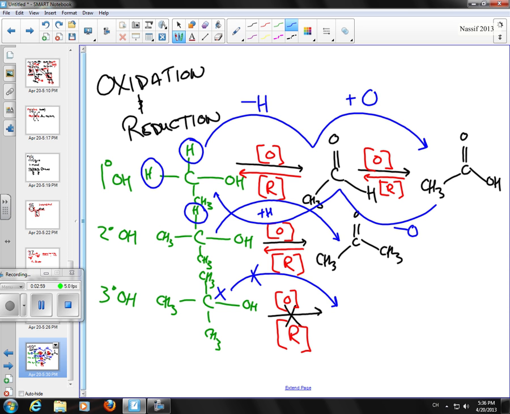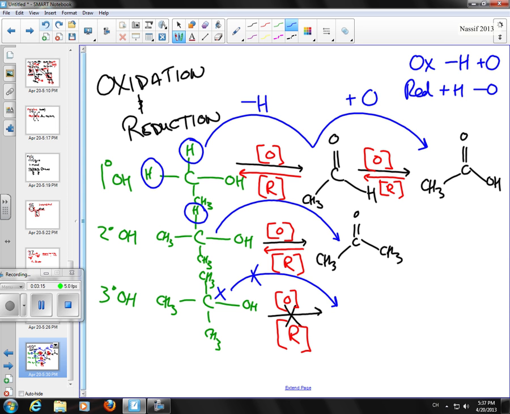Right? For the sake of simplicity, let's keep that off the screen. So what can we say here? If you oxidize, you lose hydrogens, you gain oxygens. If you reduce, you add hydrogens, and you lose oxygens. Now let's go through your reagents.